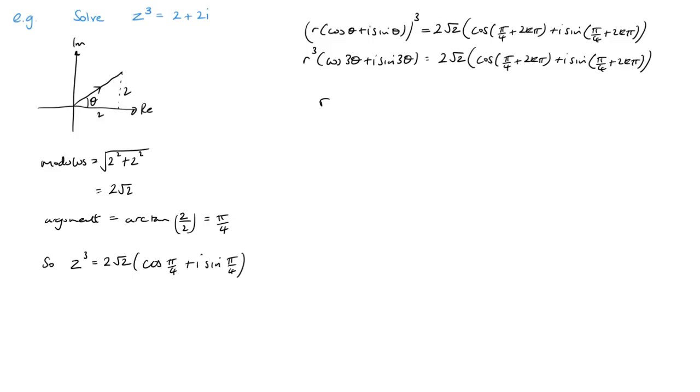So now we can compare. r cubed equals 2 root 2, and 3 theta equals pi by 4 plus 2k pi. So r equals, now the cube root of 2 root 2 is root 2, although your calculator won't bring that up, so I'll just explain briefly. This 2 root 2 is root 8, isn't it?